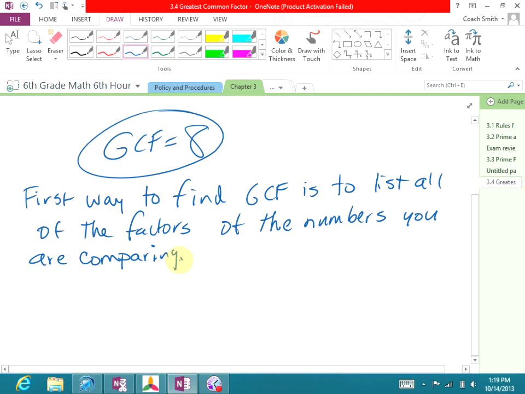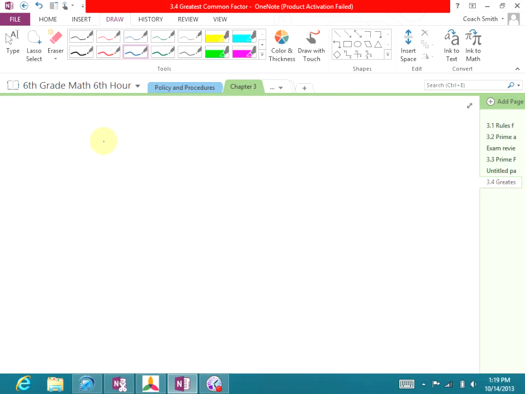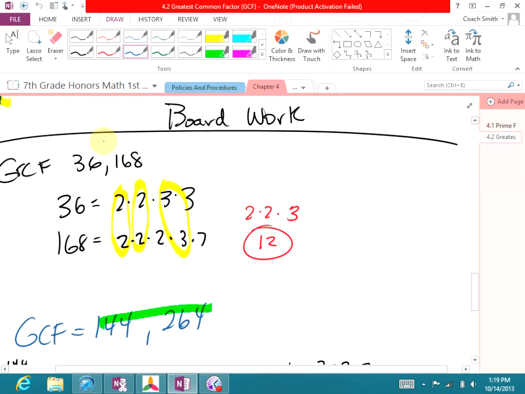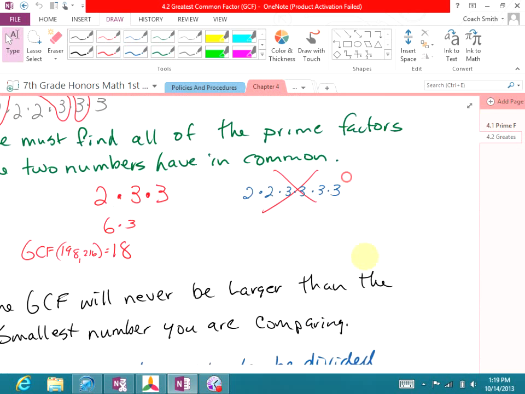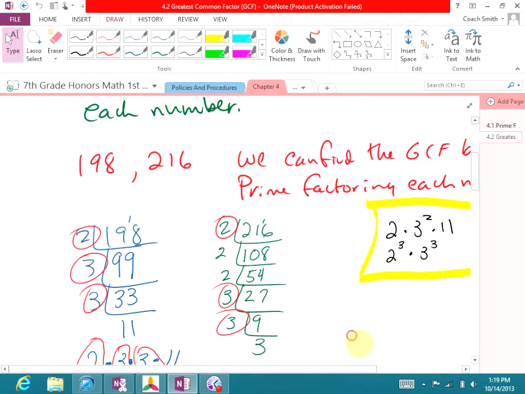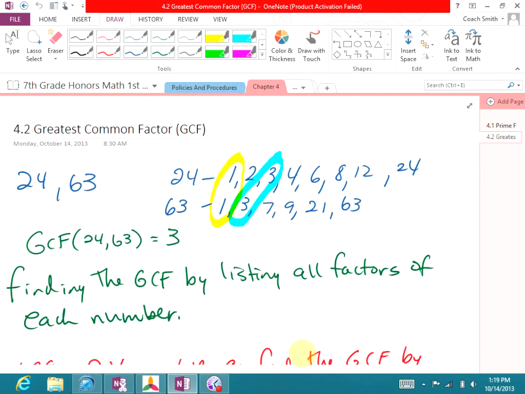All right, now, as I stated, in 7th grade math, first hour this morning, the first two numbers we had were 24 and 63. We listed them out. Pretty simple.